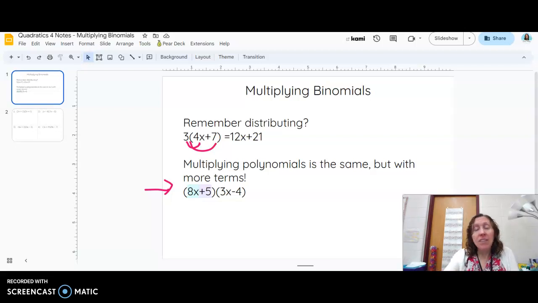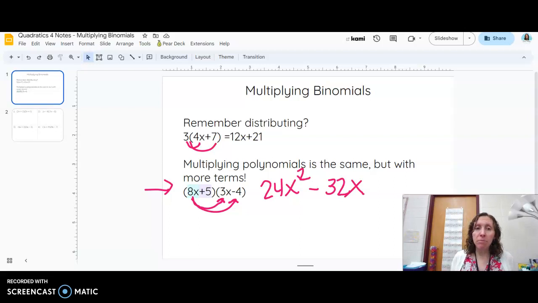So let's start by taking that 8x, and we'll multiply it by each of the terms in that second parentheses. 8x times 3x is 24x squared, because x times x is x squared. 8x times negative 4 is negative 32x.